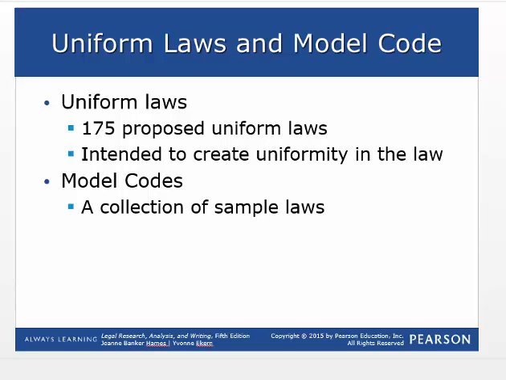So there's an interest to have uniform laws. States can always not adopt them and not use them. And then model codes are sample laws that are offered to states to adopt in a similar vein, so that there's more uniformity and consistency. It helps business. It helps people who want to relocate. You're regulated in similar ways.